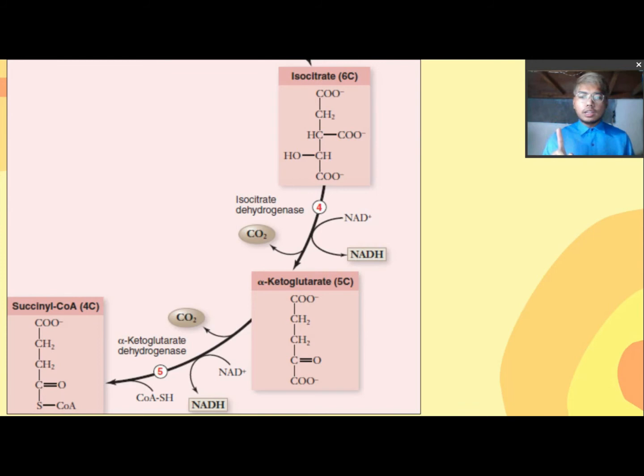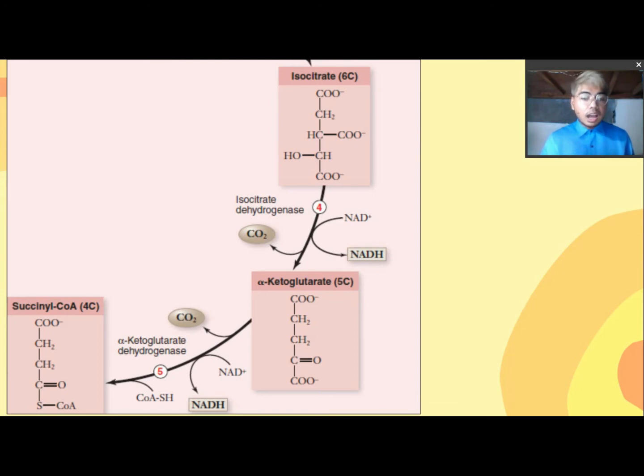The first one is now the second oxidation, the oxidation of alpha-ketoglutarate to release hydrogen ions that will simply be accepted by the NAD+ to reduce it to NADH, and carbon dioxide will also be released.